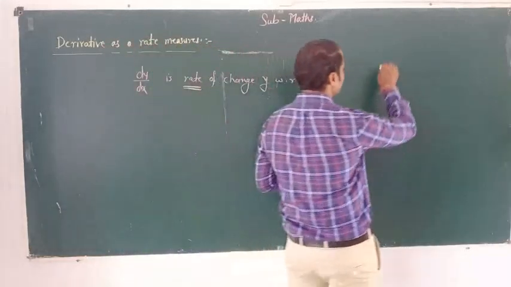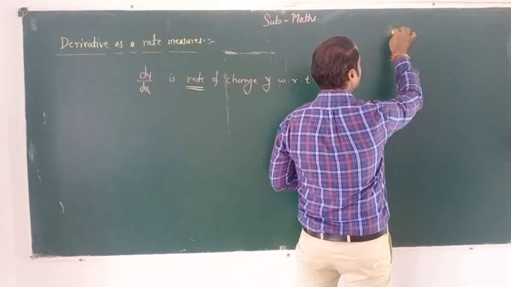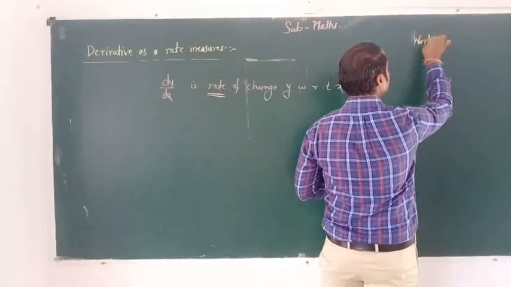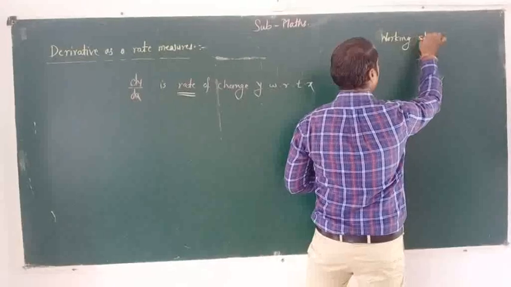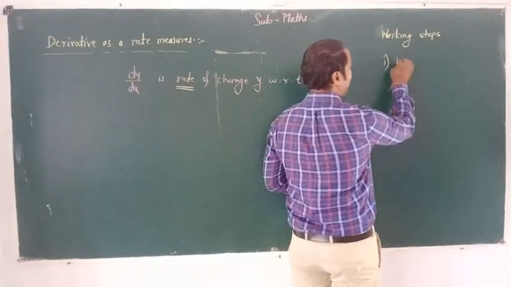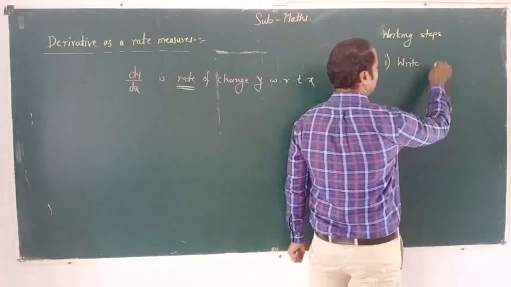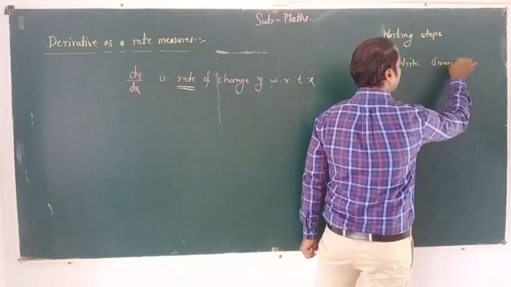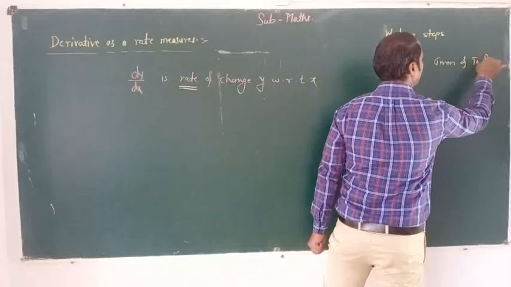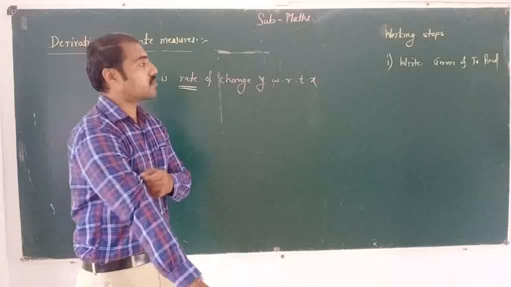To solve the examples, the working steps are: first, identify the geometrical figure, write the given and to find quantities.